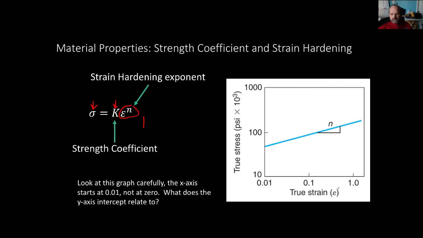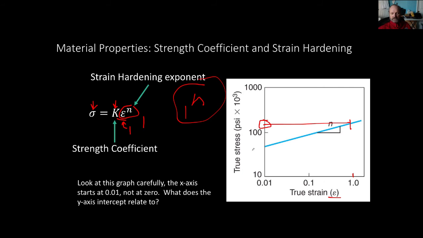So when true strain, epsilon, okay, is equal to 1 raised to any power, so 1 to whatever power you want, right? 1 to the n is equal to 1. Okay, so you go, oh, this is where epsilon is 1. If we come straight up, we look here, and then we cross over.